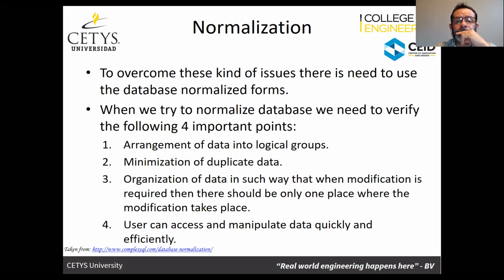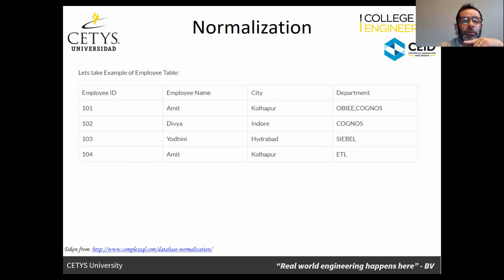Okay. And so what we want is a normalized database, okay? When we do normalization, basically we're trying to validate 4 things. We want data to be organized in logical groups. We want to minimize the possibility of duplicate data. So we don't want this.